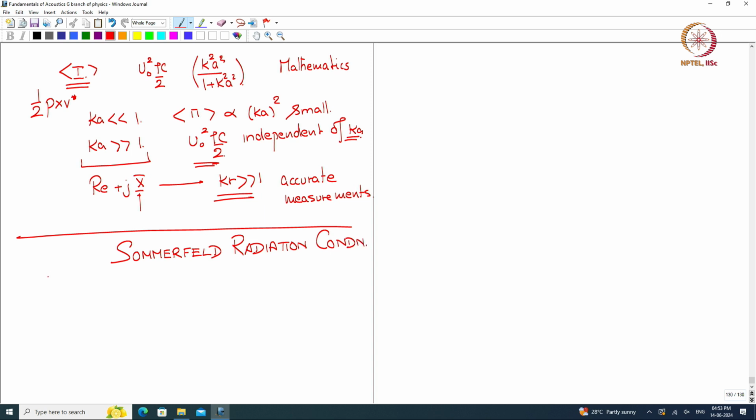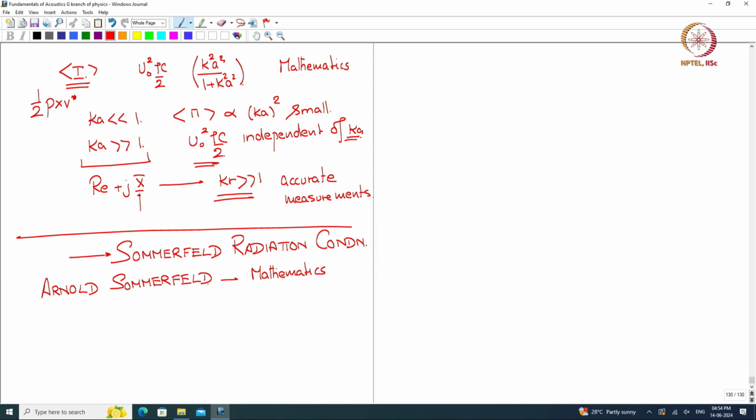To just briefly talk about Sommerfeld, his full name is Arnold Sommerfeld. He was both a physicist and a mathematician. He has written several books in mathematics, and his name is associated with this radiation condition. Many scientists have some non-dimensional number named after them, Rayleigh number or Reynolds number and so forth.